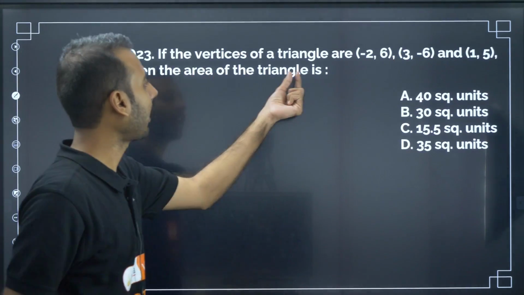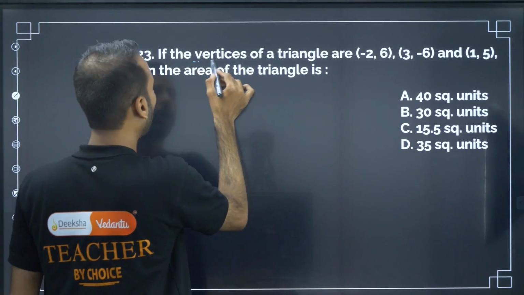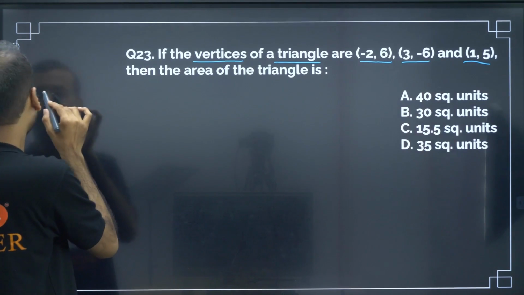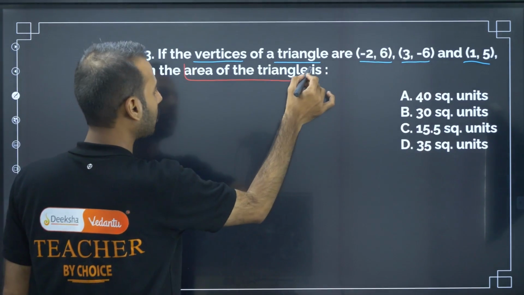If the vertices of a triangle are this, some information they have given, then the area of the triangle is. Direct question, nobody should leave.